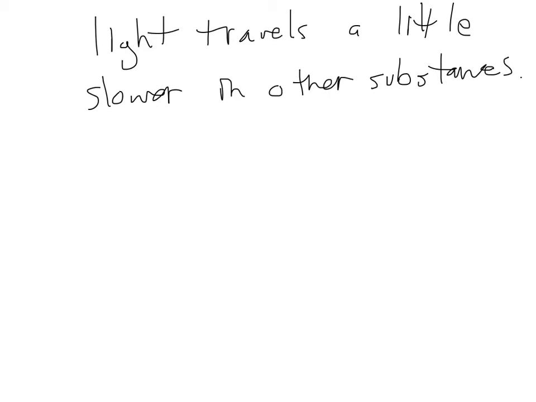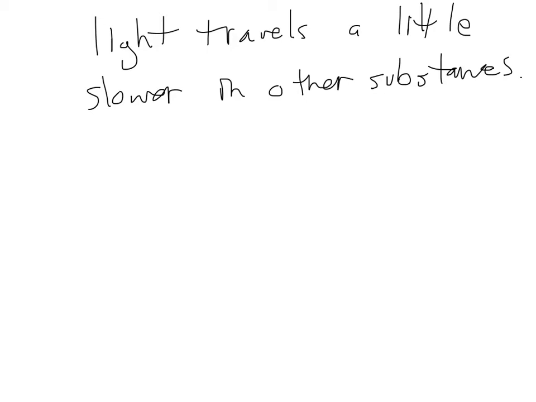The reason is, you can think about it this way, the photons, the energy from the light, keep bumping into atoms, which then basically excite and release the energy, and the light continues on. So in the process of bumping into all these atoms throughout the media, light travels a little bit slower.